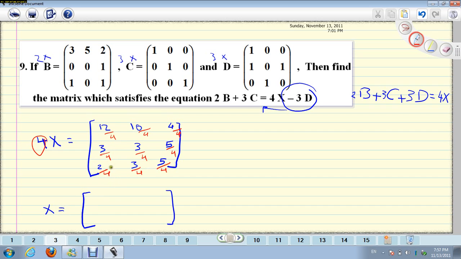Okay, X equals 12 divided by 4 is 3, and this is 10 over 4, and this is 1. This is 5 over 4, and this is 5 over 4. And this is 3 over 4, another 3 over 4, and here's 3 over 4, and here's half.